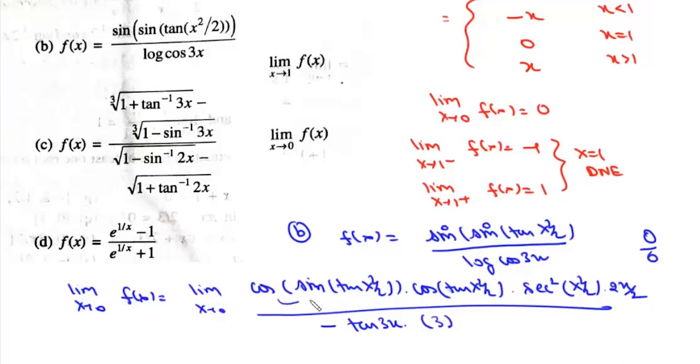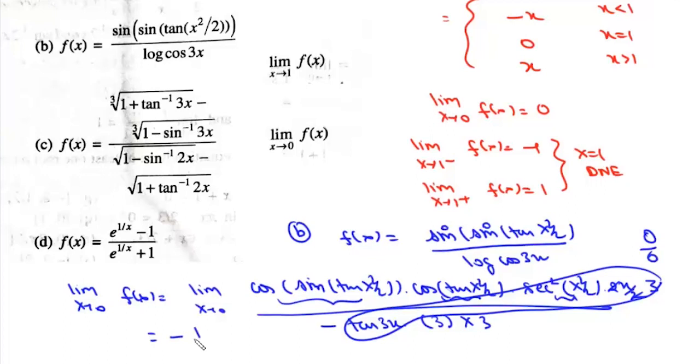Now this is cos 0 is 1, cos 0 is again 1, secant 0 is 1, and here 2 and 2 will cancel. What we'll also do is we'll multiply and divide it with 3. Now this is 3x upon 10 3x, it will be 1. So this limit x tends to 0 f(x) will be minus 1 by 9.